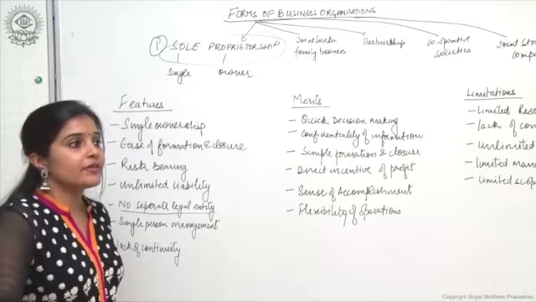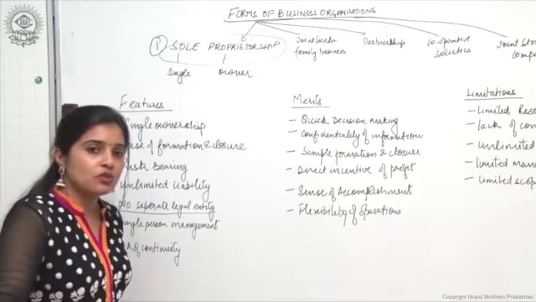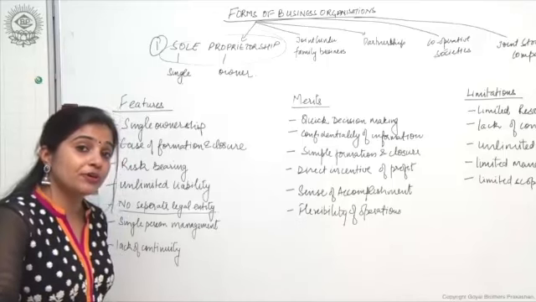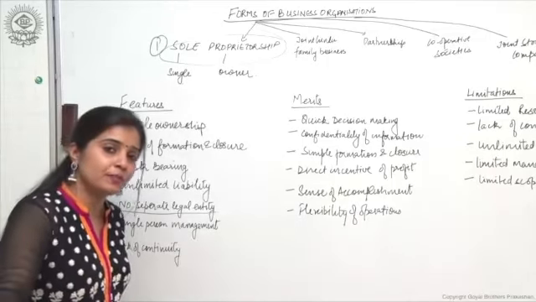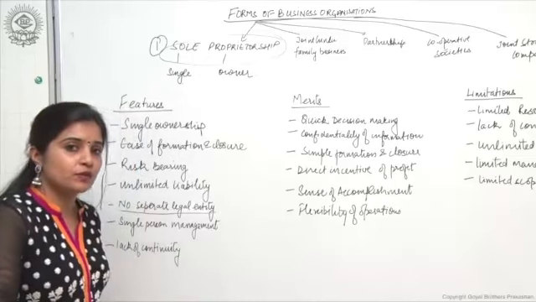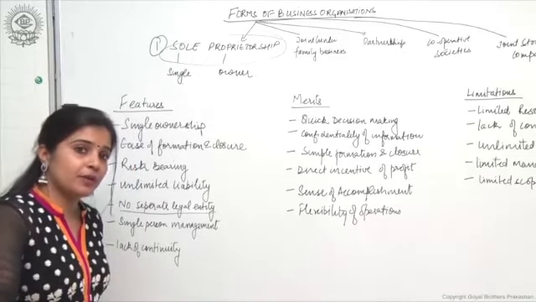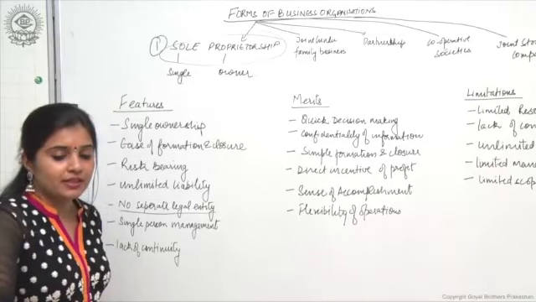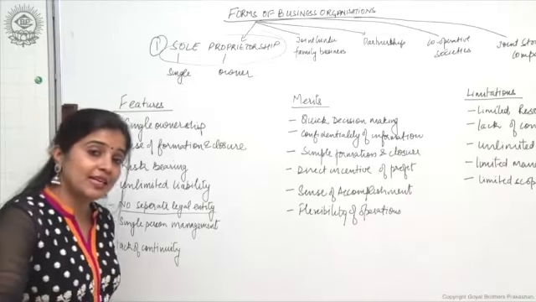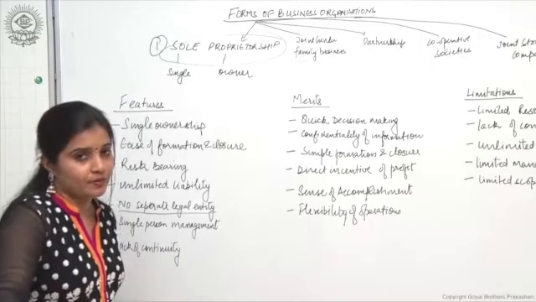So when journal entries are recorded in the books of accounts, they have to be recorded from the point of view of the business, not from the point of view of the proprietor, right? Even the money that the proprietor has invested in the business, even that is treated as a liability, right?